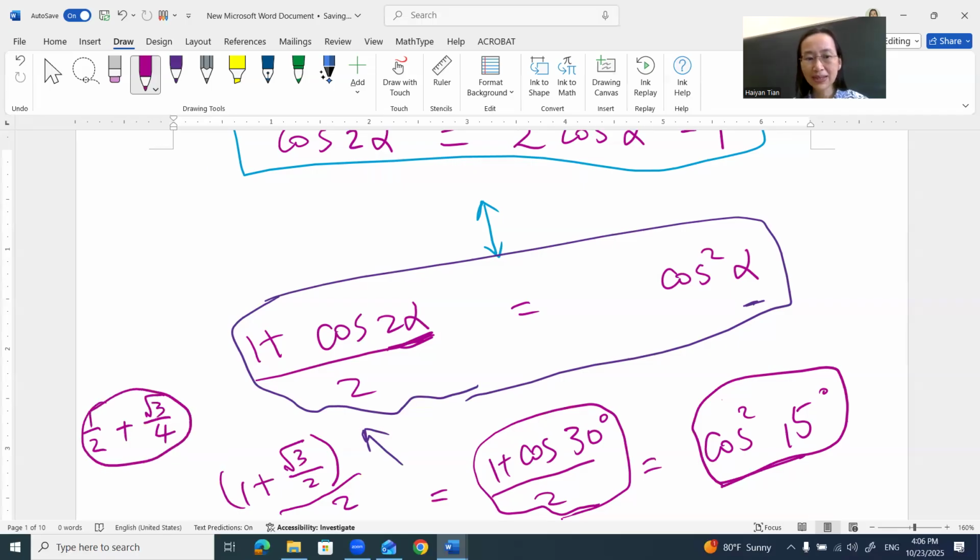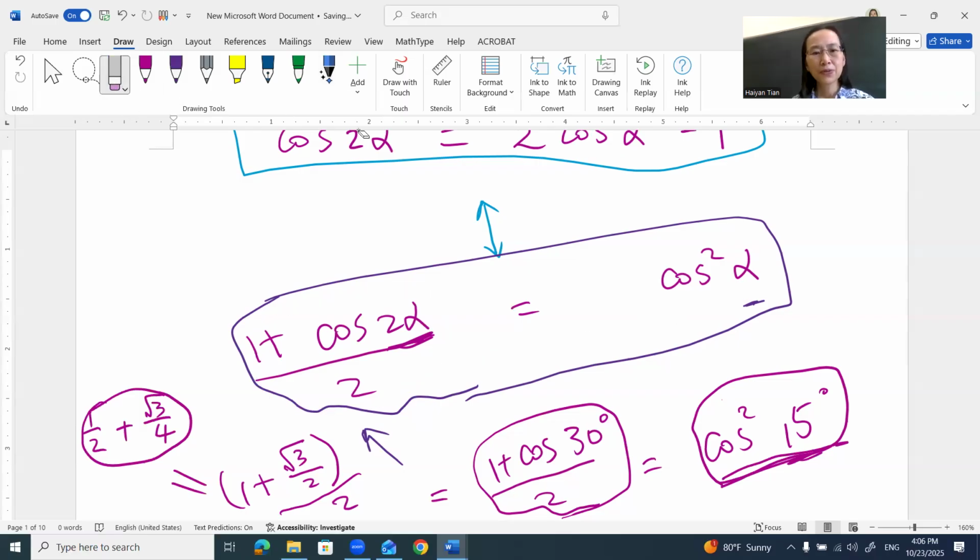So that is the answer of this problem if you are asked to find cosine square 15 degrees. How do we get this? It's actually through the use of the power reducing formula. So this is the formula we used here.